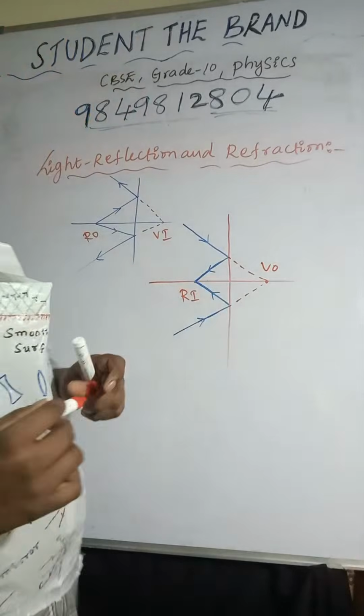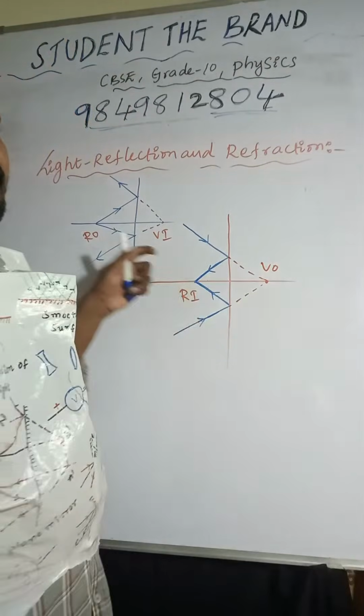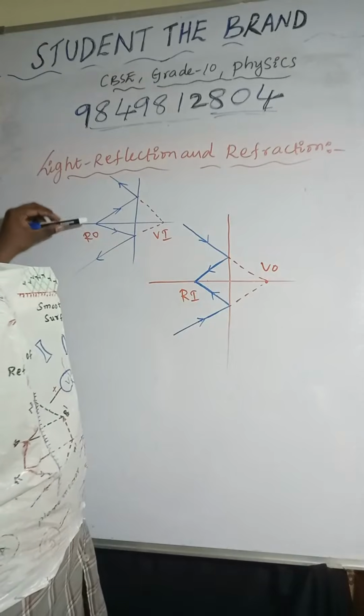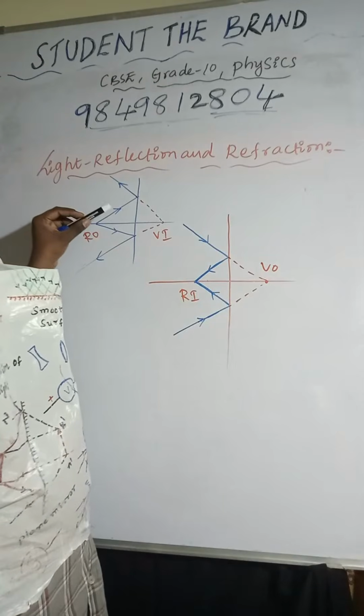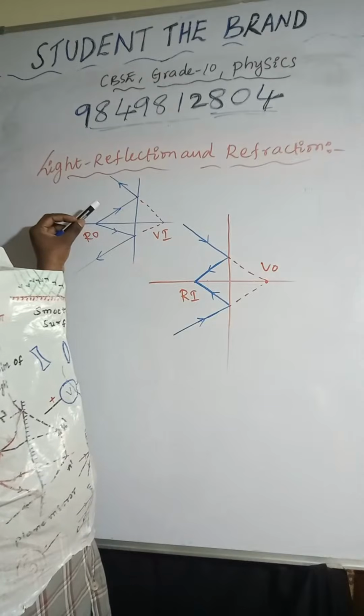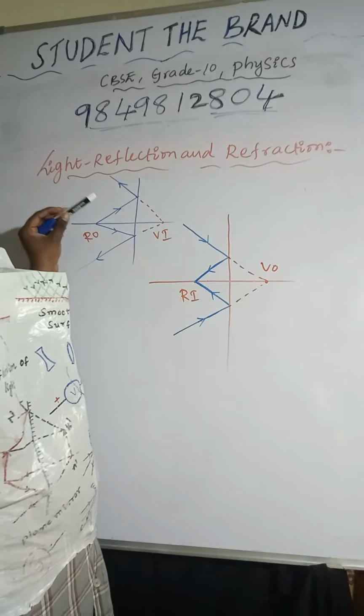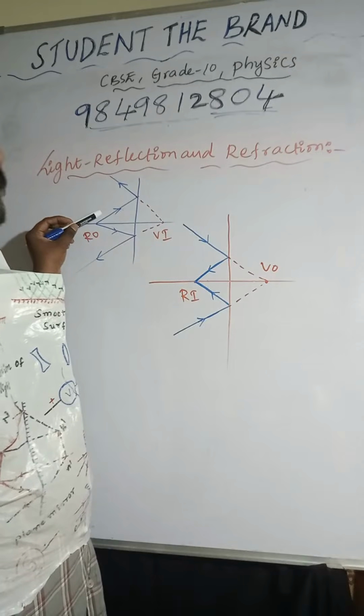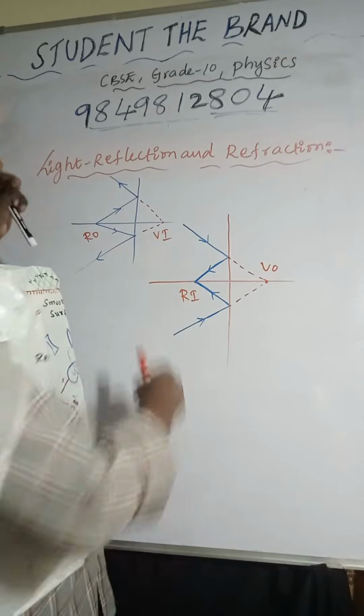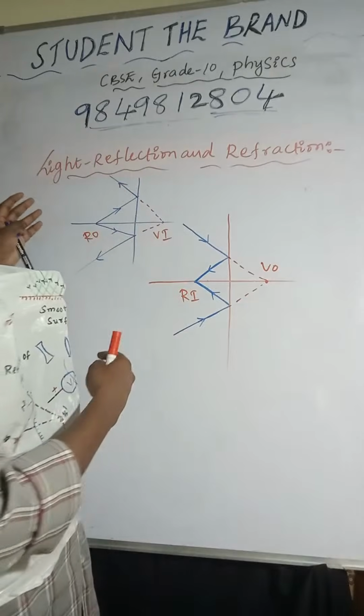Here, listen carefully. You can observe from this point light rays are coming. So this is a real object. Light rays are coming from this object. After reflection, those are moving away from the principal axis.